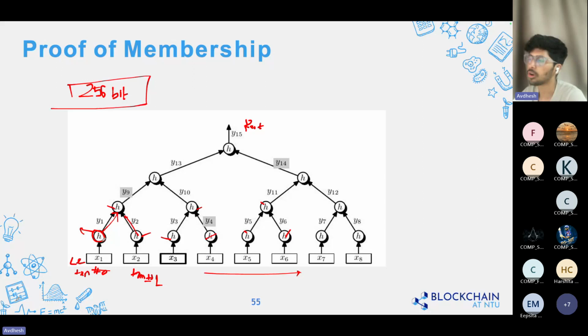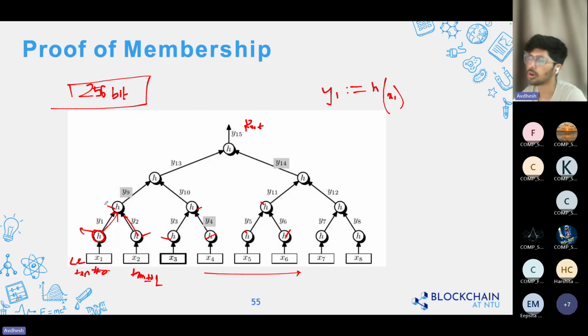So what is y1? The mathematical way to put this is: y1 equals the hash of x1. So y1 will be the 256-bit hashed version of transaction 0, and y2 will be the hashed version of transaction 1.